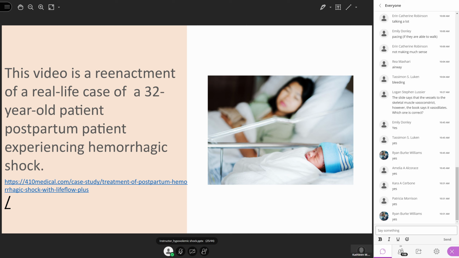So I just typed some notes as I was watching it. Immediately O2, constantly checking the airways. They had a call into RT for possible intubation, constantly checking the vitals. They immediately started the IV saline and switched to the blood as soon as it arrived.